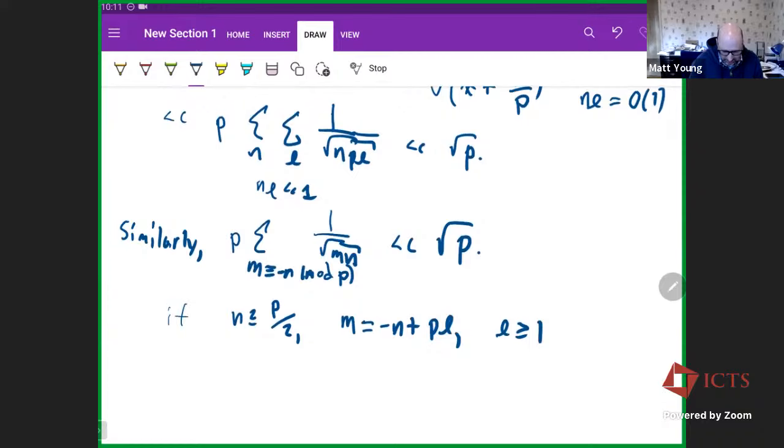And the fact that you have a minus sign doesn't really hurt you very much, because you're subtracting off at most P over 2 and M is at least P. So you get the same bound here.